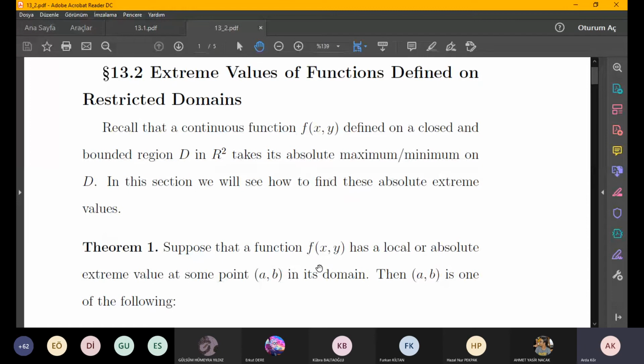Okay, so first we will recall the condition that we had: a continuous function defined on a closed and bounded region in R square, because it is a function of two variables, takes its absolute minimum and maximum value on that domain, right?